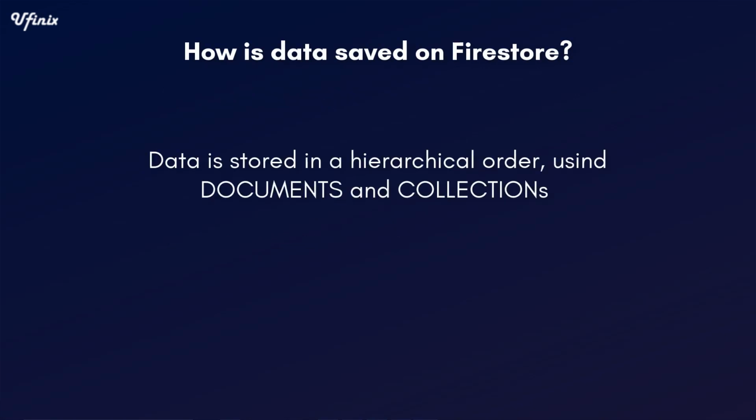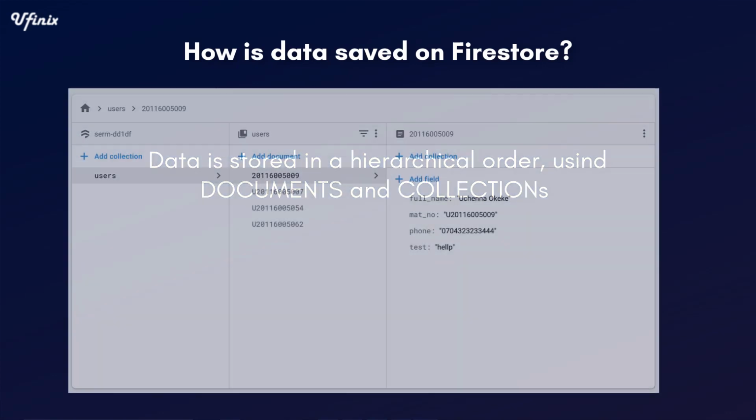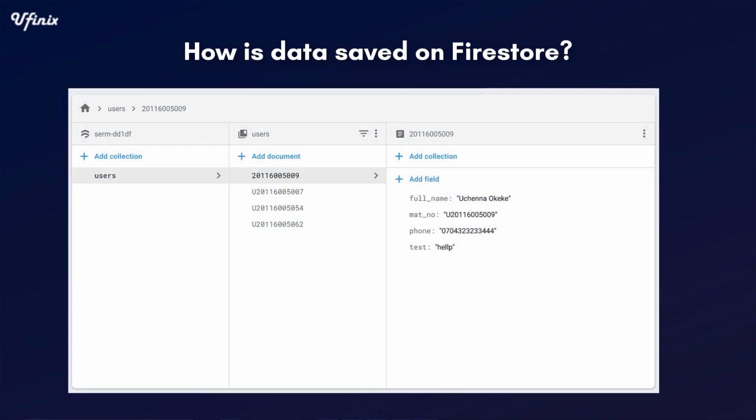So you might be asking, what are the collections for and what are the documents for? If you're very used to relational databases like MySQL, you already know that data is being saved in tables and rows. The same applies, not exactly, but very close to Firestore. The collections, you can think of it like your table, and the documents, you can think of it like rows in your table.